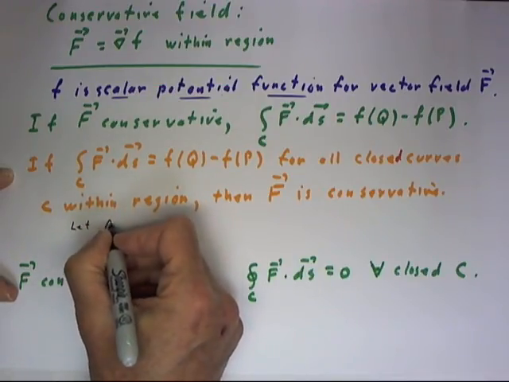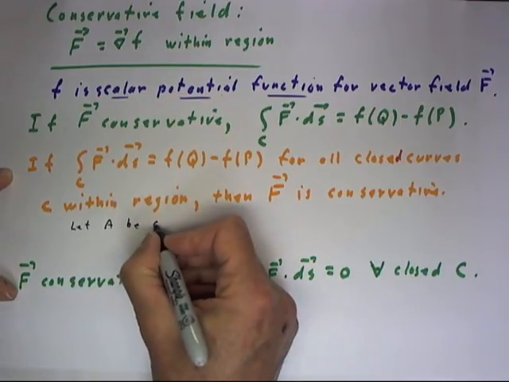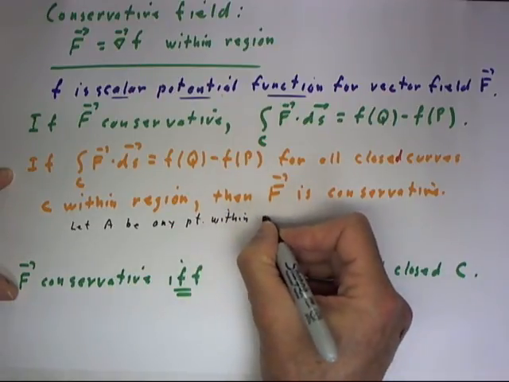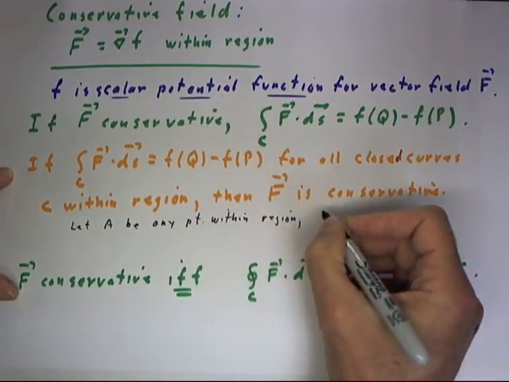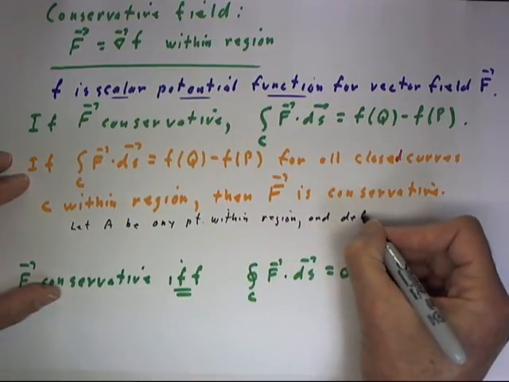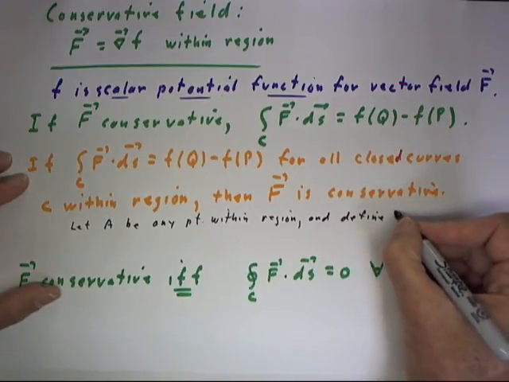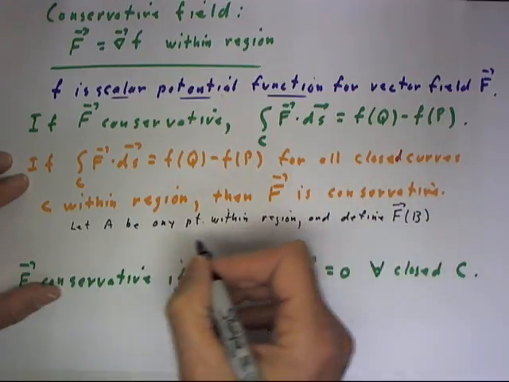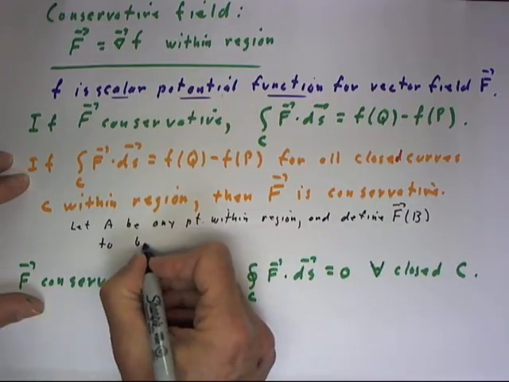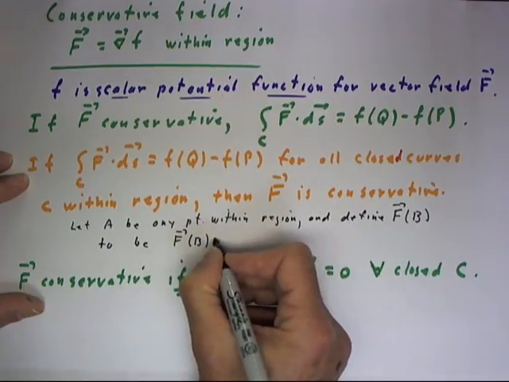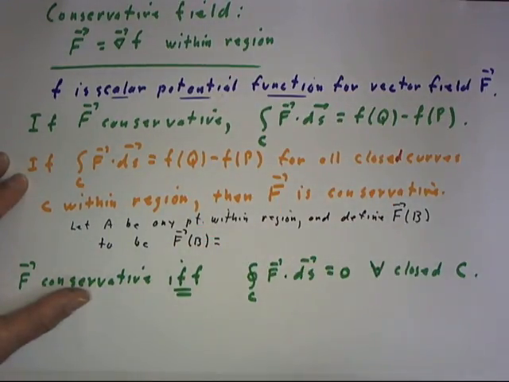let's say A be any point within the region and define f at point B to be f of B equals, I'm being careless with my notation, let me fix this.